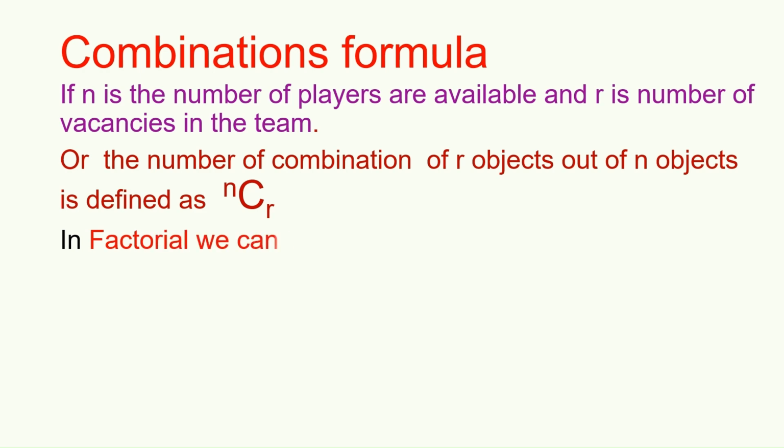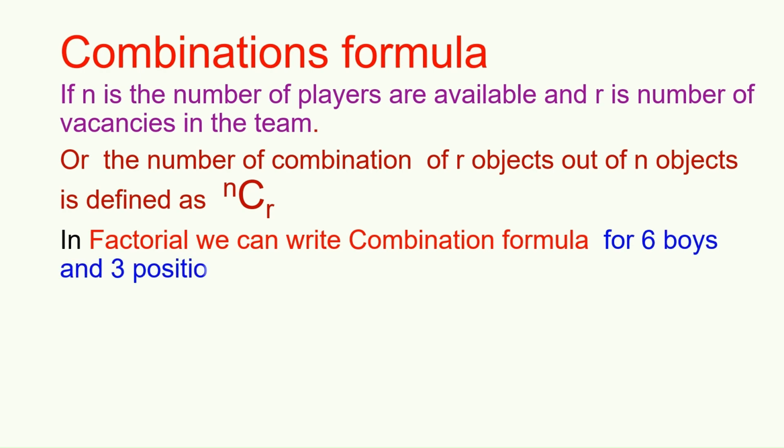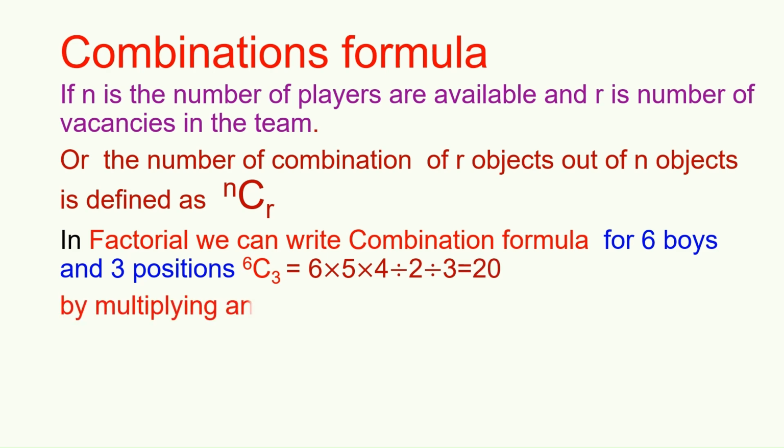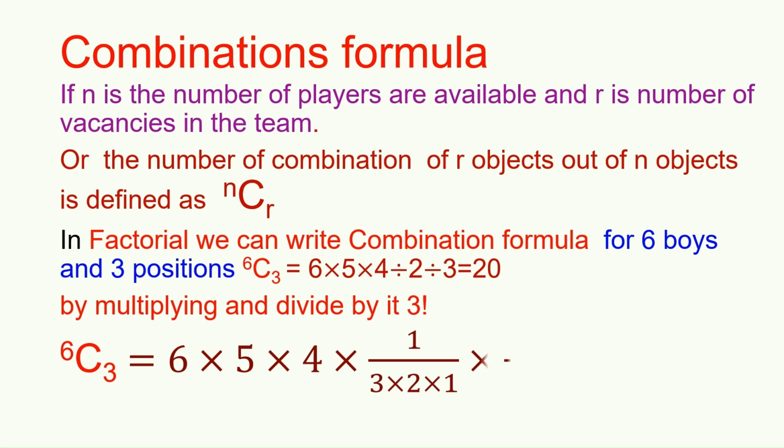In factorial, we can write the combination formula for 6 boys and 3 positions: 6C3 equals 6 times 5 times 4 divided by 2 times 3, which is equal to 20. Now, by multiplying and dividing by factorial 3, we can write 6C3 equals factorial 6 divided by factorial 3 times factorial 3.